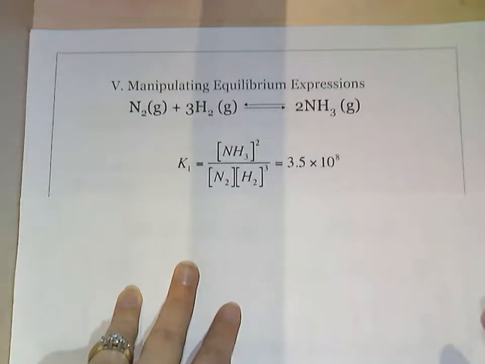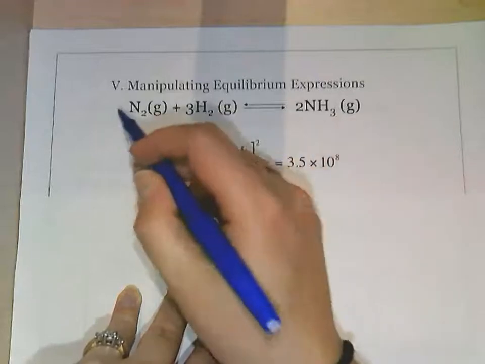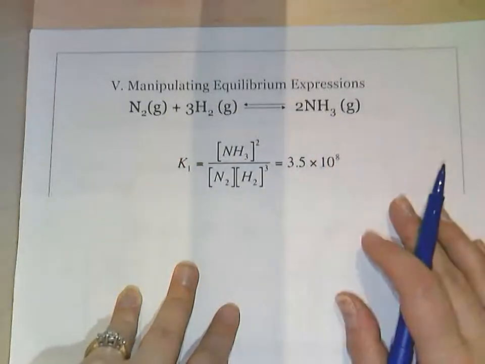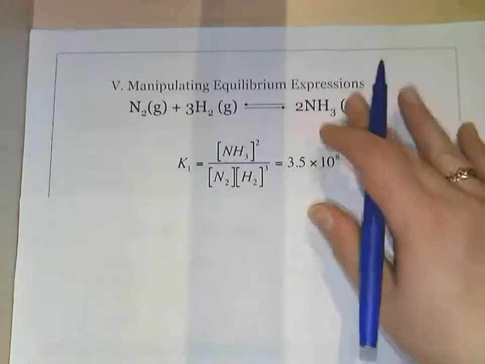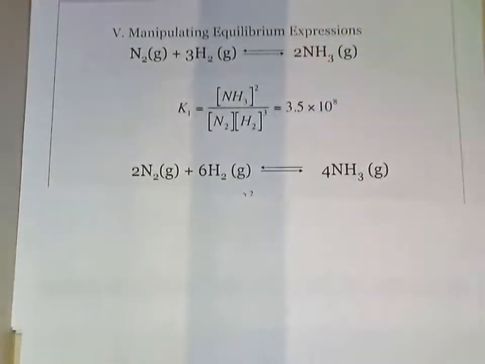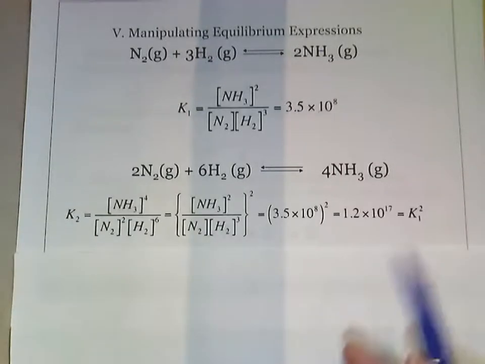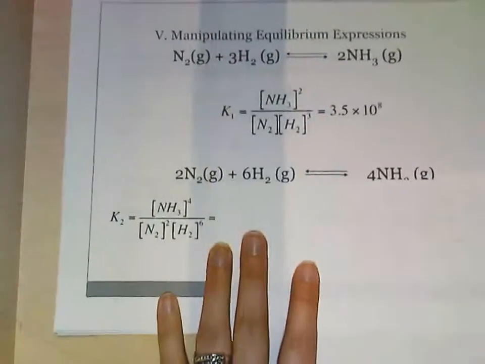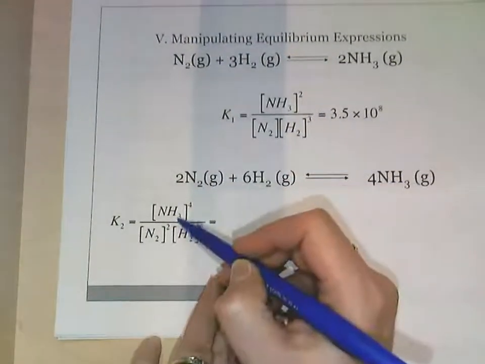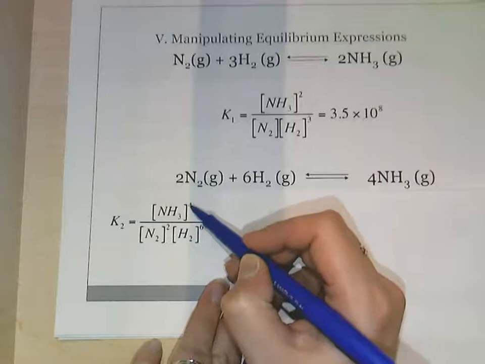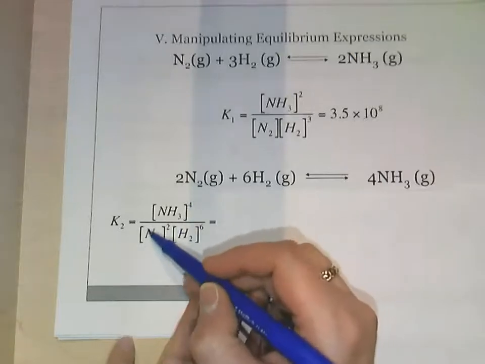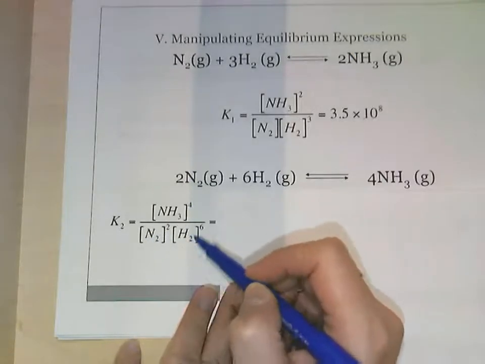But what if I use different stoichiometric coefficients? What if I doubled it? Now I have 2 nitrogens and 6 hydrogens make 4 NH3s. If I rewrote my equilibrium constant, we would have NH3 still on top, now to the 4th power, over N2 squared and H2 to the 6th.